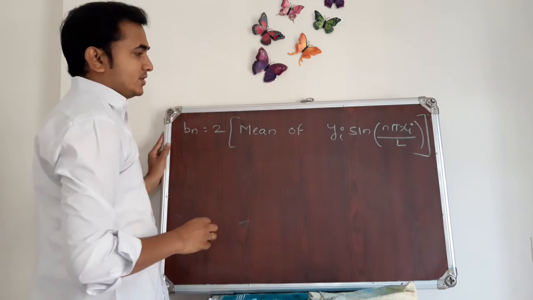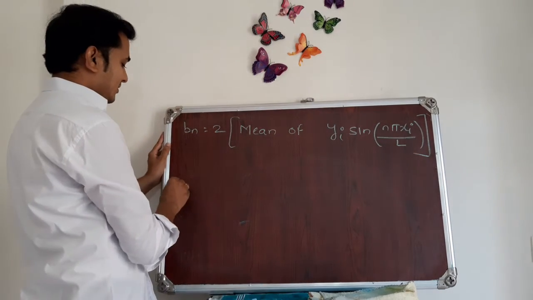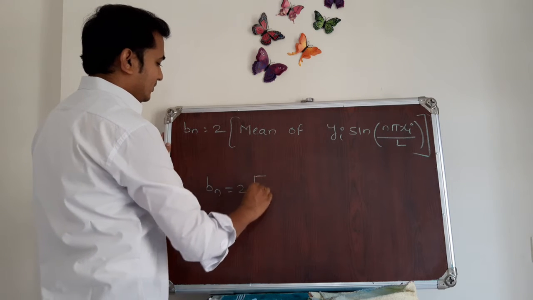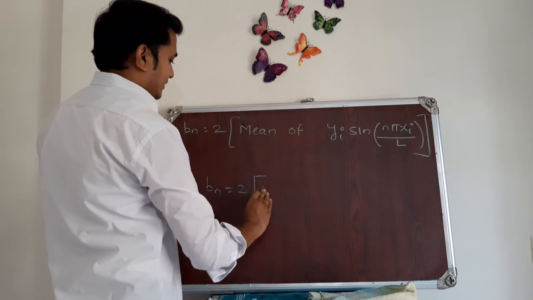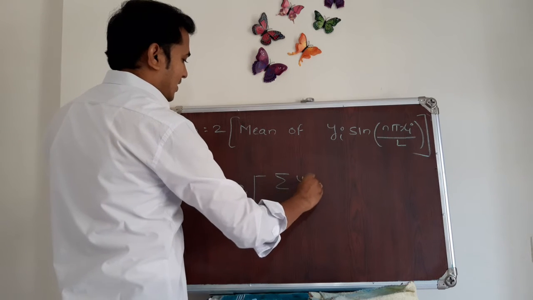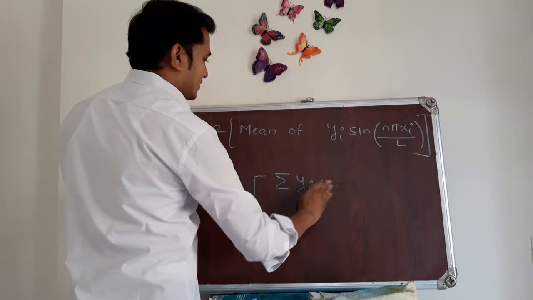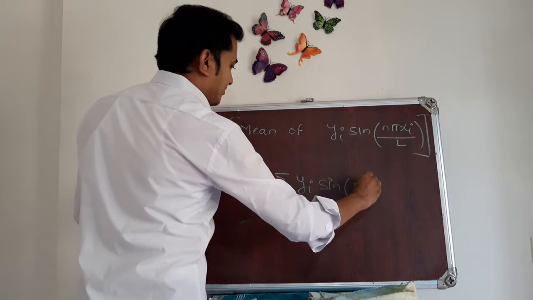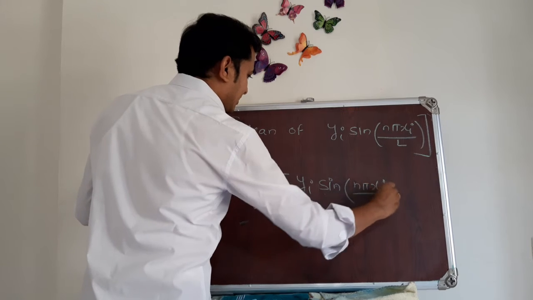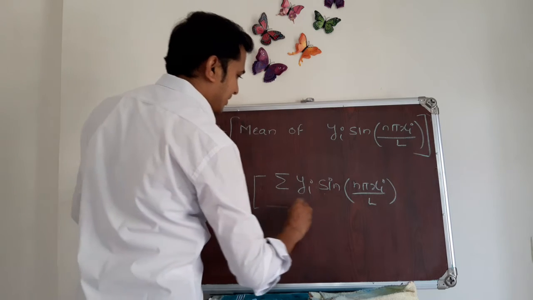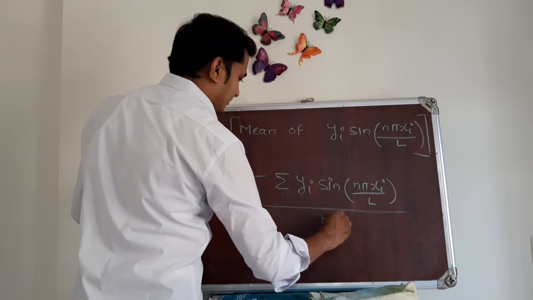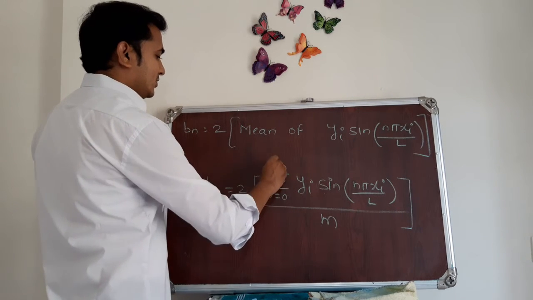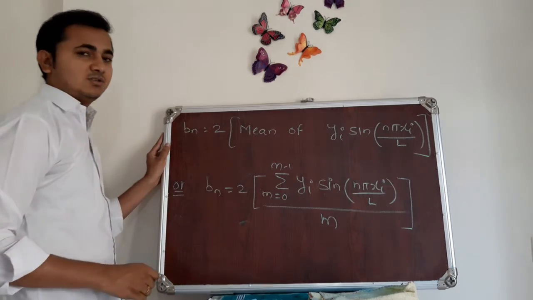Okay, so Bn is equal to 2 into summation yi sine of n pi xi upon L, divided by m, where i is running from 0 to m minus 1.